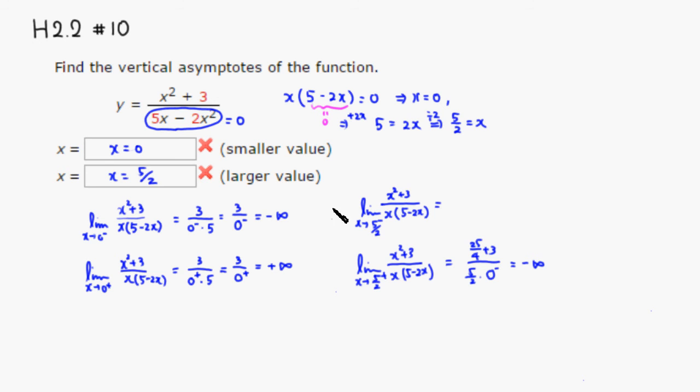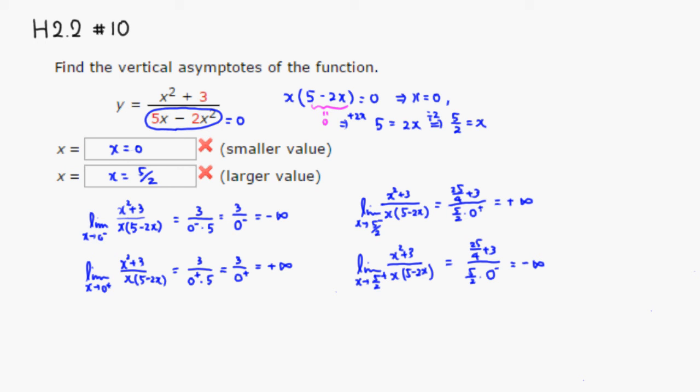The same thing here: 25 over 4 plus 3 is just a positive number, and you have 5 over 2 times 5 minus 2 times something slightly smaller than 2.5, which is slightly positive. Positive divided by positive is positive, and a positive number divided by something close to 0 is going to be big. So coming from the left, it's going to go to negative infinity.